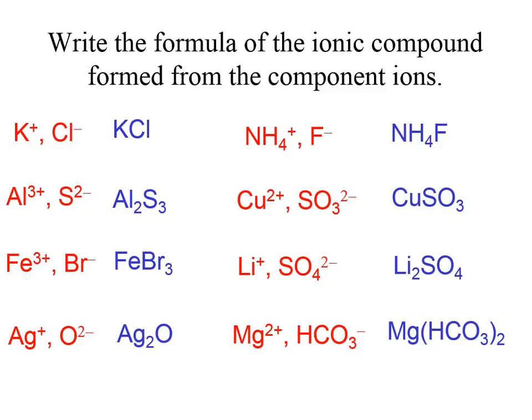That's a tricky one, but you are crisscrossing, so the number of NH4s you need is 1, and the number of fluorines you need is also 1. Yep, very good.